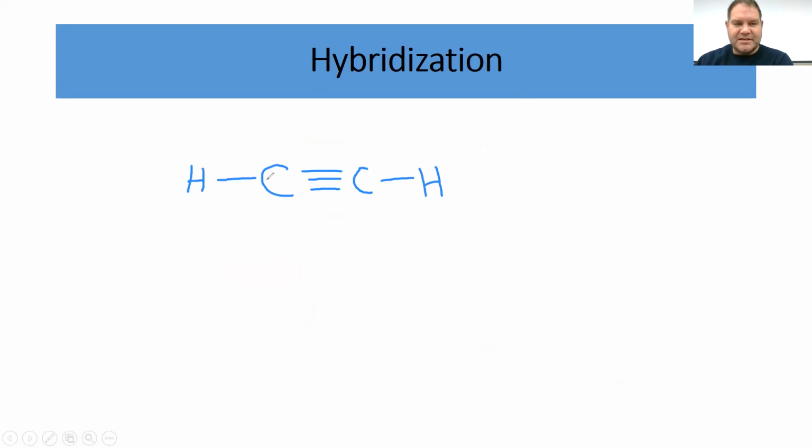So essentially this carbon and this hydrogen are going to be forming a single bond, and this carbon and this hydrogen form a single bond. But these 2 carbons in the center are going to form a triple bond, right? So first of all, we need to determine what is the hybridization that is occurring here.